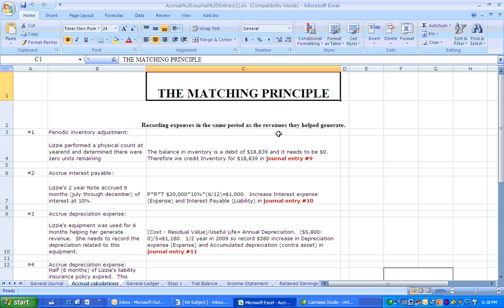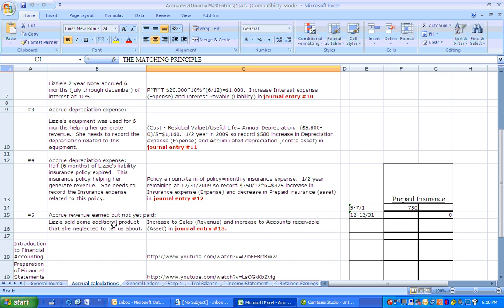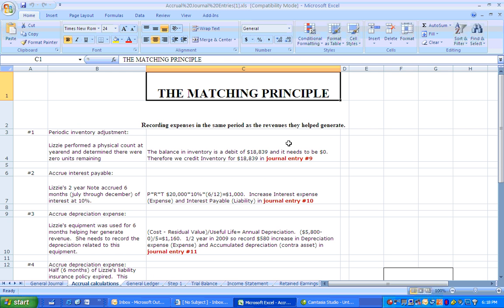So we have an additional 5 transactions that needed to be recorded at the end of the year because Lizzie hadn't given us all the information. We're just going to go through a couple of these so you can see how the spreadsheet works. And then what I want you to do is go download the document from Google Documents, set up your own general journal and general ledger, put through some more transactions, and post those all the way through.